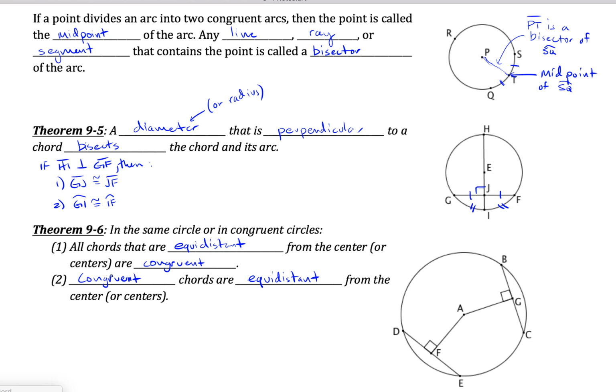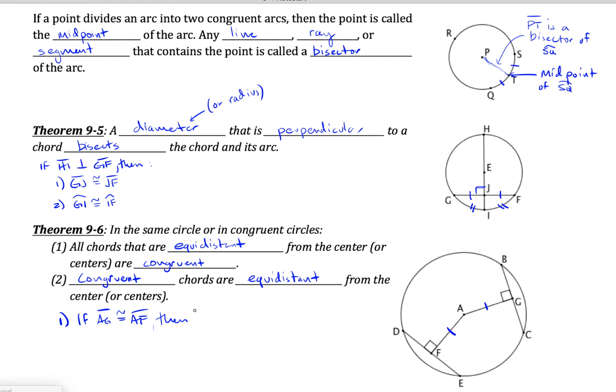So part one of this theorem would say that if BC was the same distance away from A as DE, or in other words, if AG was congruent to AF, that would indicate that this chord is the same distance away from A as this chord, DE.